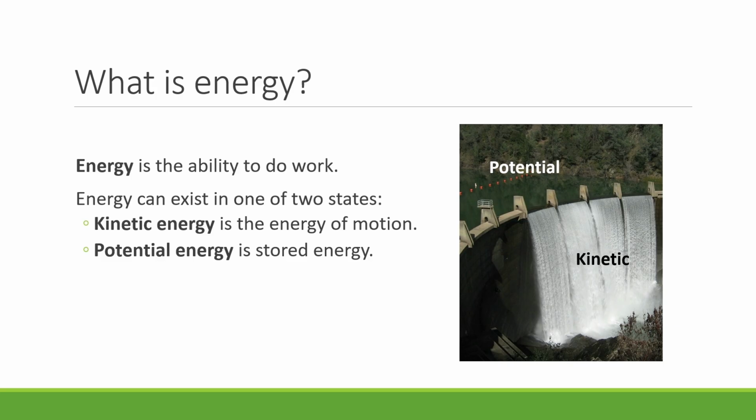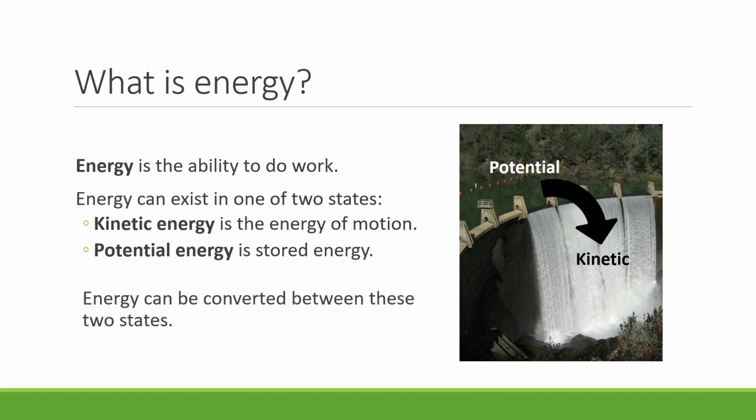From this example, we can probably also see that energy can be converted between these two states, meaning that potential energy can become kinetic energy and vice versa. When that water at the top of the dam starts to fall over the edge, now all of the potential energy that it had, the stored energy, has been turned into active, moving kinetic energy.